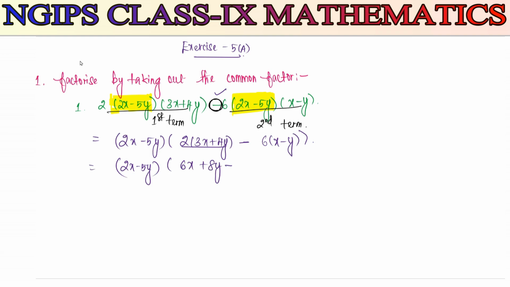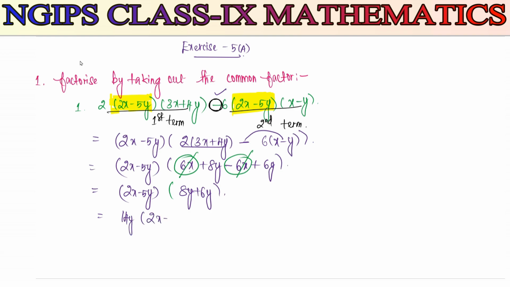When you multiply inside minus 6 into x we will get minus 6x, and minus is going to become plus 6y. So here 6x and here we have 6x, so plus 6x and minus 6x will get cancelled. So the leftover here is 8y plus 6y, which is 14y.